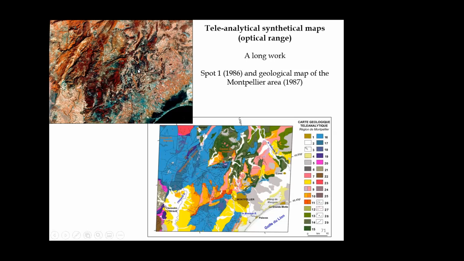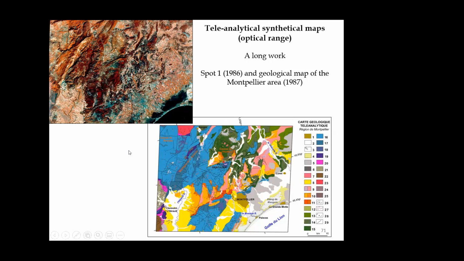So you can derive a lot of different thematic maps using the one data. This is an example with optical data, but you have also here an example with radar data.